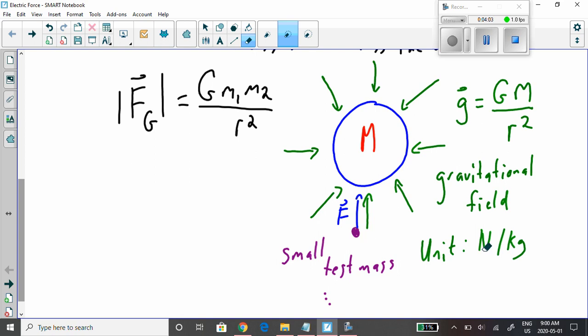Right? That's what it's telling you, how strong this gravitational field is. Think about it near the surface of the Earth. The magnitude is 9.8 newtons per kilogram. Think about what that's saying. 9.8 newtons worth of force is going to be present for every 1 kilogram of mass.